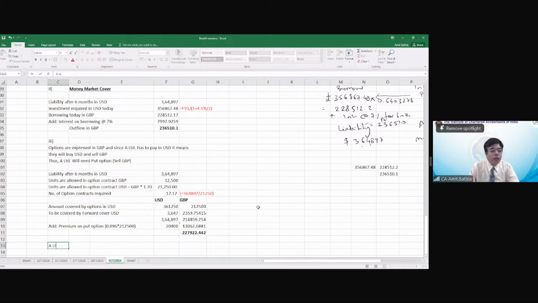So A Limited should opt for Options, as it has the least amount of outflow, right? Got it, everyone?